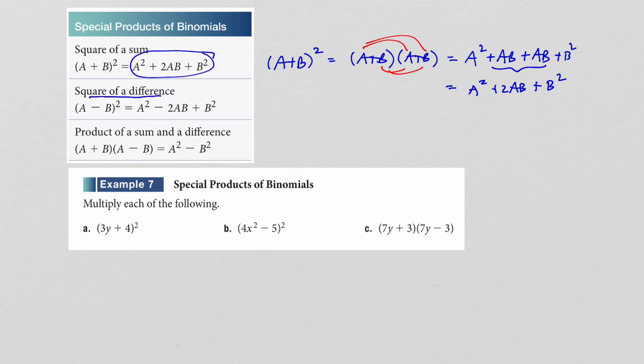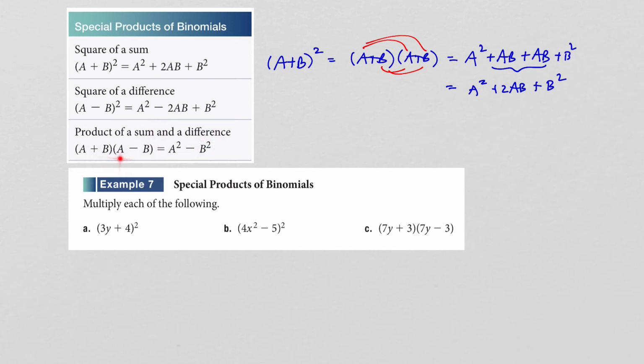The square of the difference is basically the same thing. The only difference is you have a minus sign in both of these places. So both of these will be negative, which is why you end up with a negative in the middle. But of course, negative b times negative b is still positive b squared. And then the last one is the difference of two squares. And they call this the product of a sum and a difference.